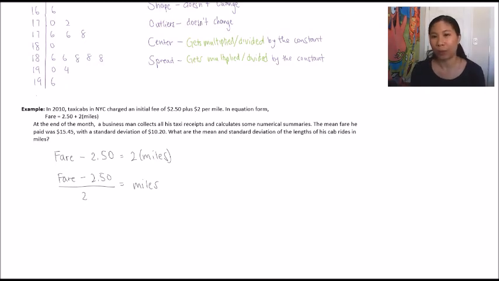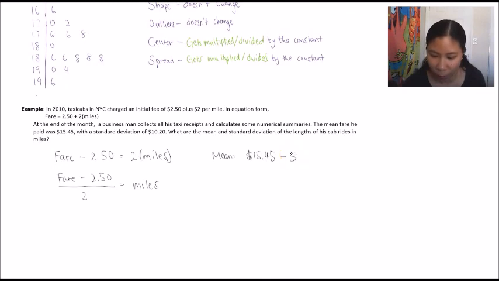So using the rules of what we know about adding, subtracting, multiplying and dividing, our new mean and standard deviation are going to change accordingly. Earlier we said that the mean changes whenever you add or subtract, and it also changes whenever you multiply or divide. So in this case, we started out with a mean of $15.45, and this has to get reduced by 2.50.